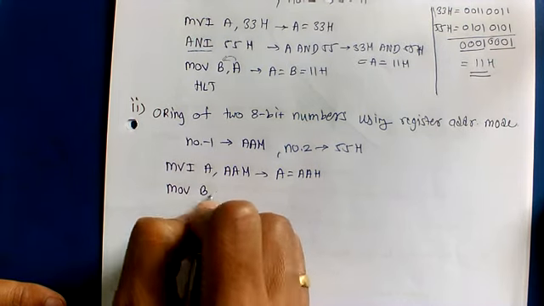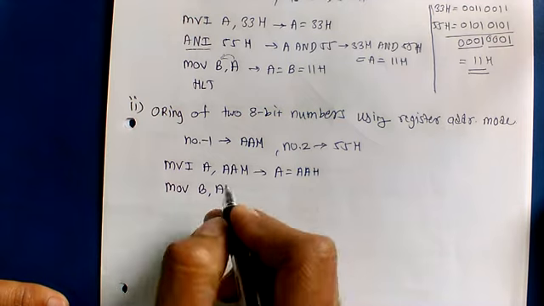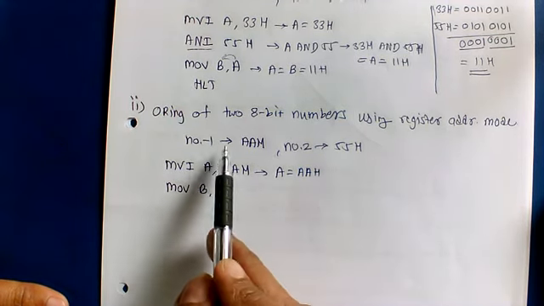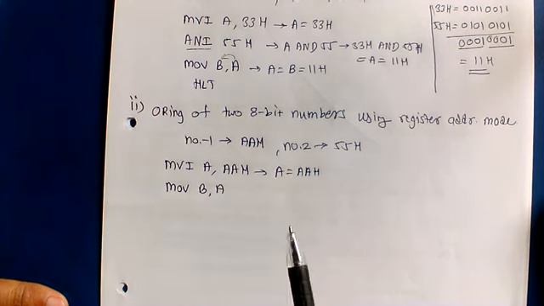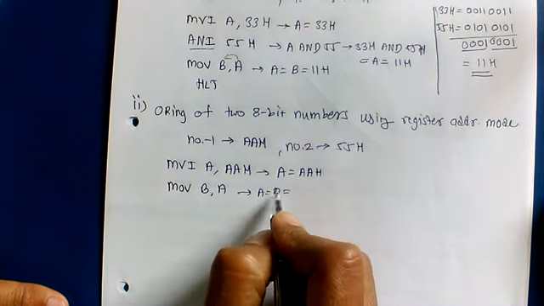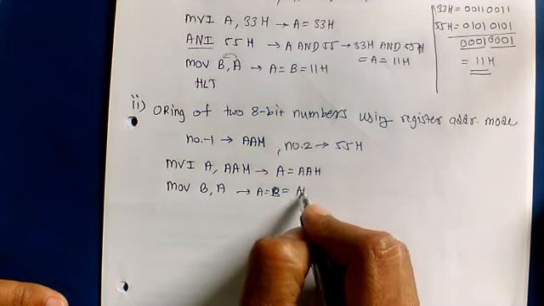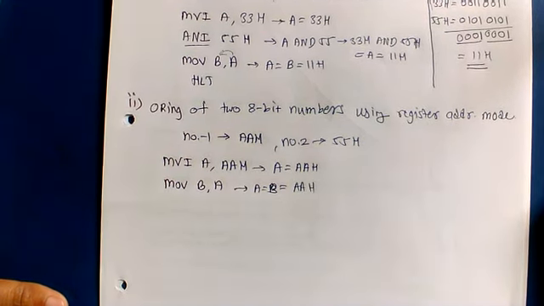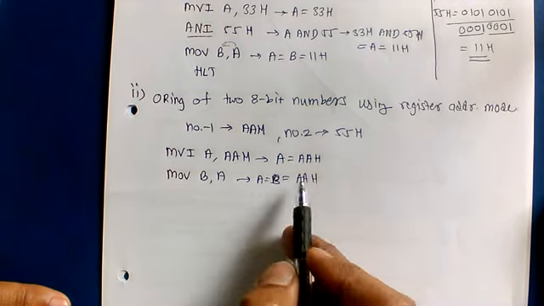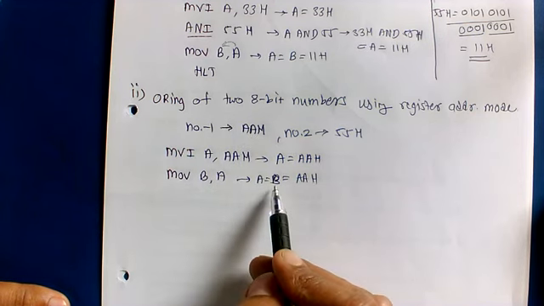Next instruction, MOV B, A, copies this AA hex in B register, so we are taking number 1 in B register. Here in A register and in B register you will get AA hex.